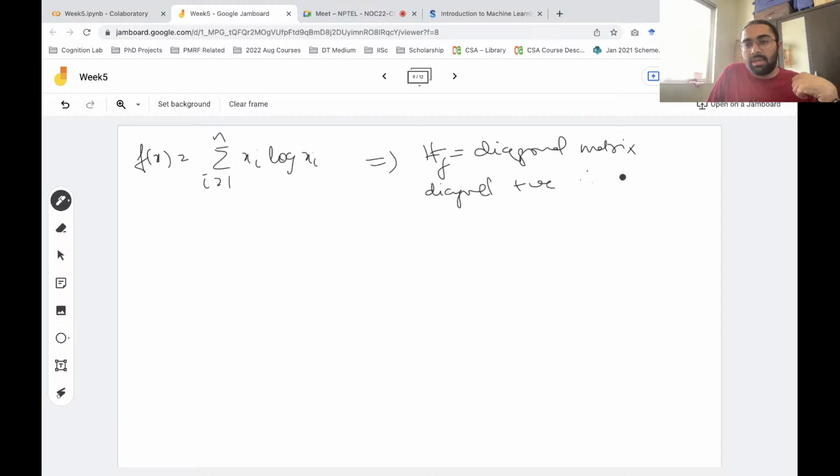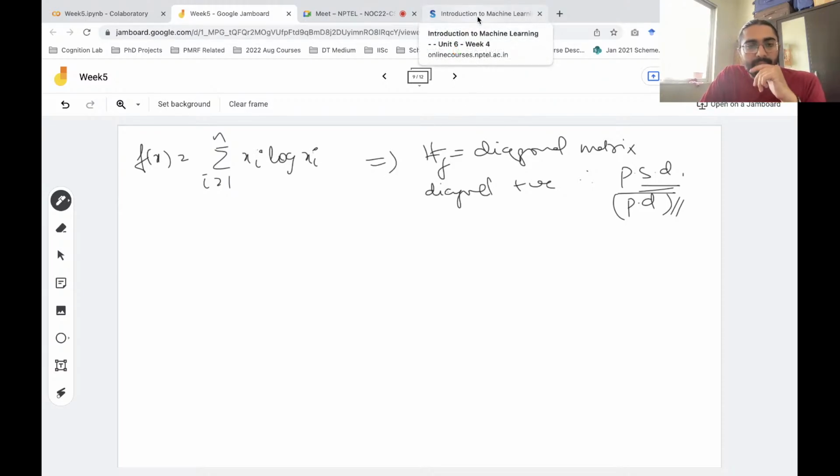So therefore it will be PSD. And actually I think PD, because I don't think it will be 0, but you have to check this. But yes, it'll be PSD. You'll get this as a clean diagonal matrix. Okay, any questions on this?